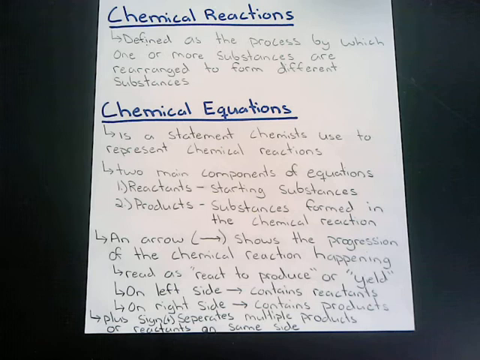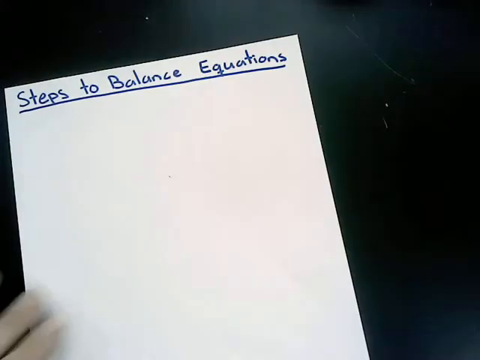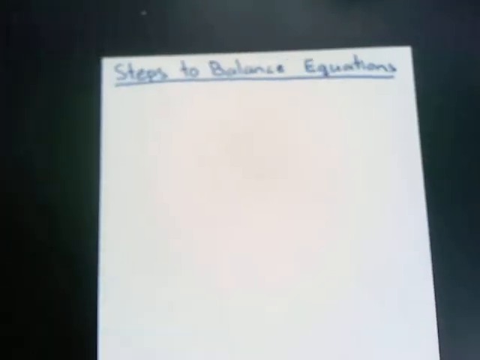So now that we have an idea of what a chemical reaction and a chemical equation are, we can shift gears to how we would balance a chemical equation that we may come across in chemistry. What we're going to shift to is the steps to balance that chemical equation.